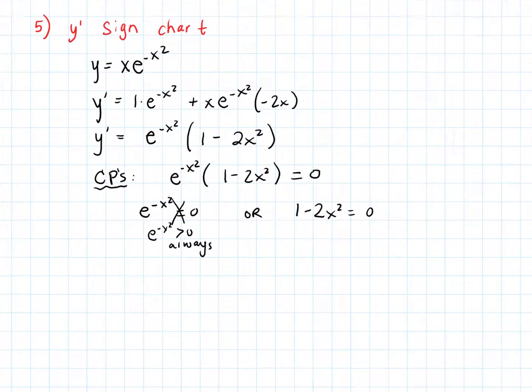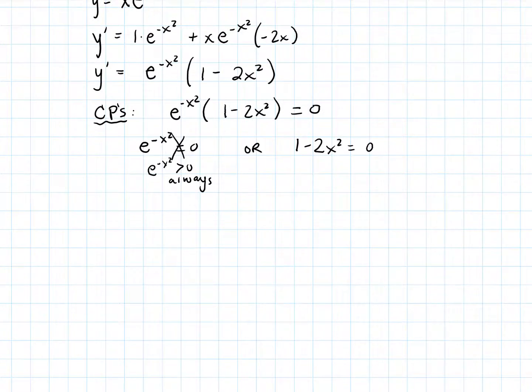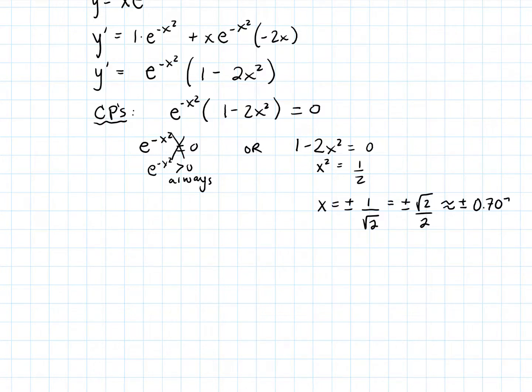Well, that's going to equal 0 when x squared equals 1/2, or when x equals plus or minus 1 over root 2. If we prefer to rationalize, plus or minus root 2 over 2, which is approximately, and I do think for the sign charts it helps to have the decimal form.